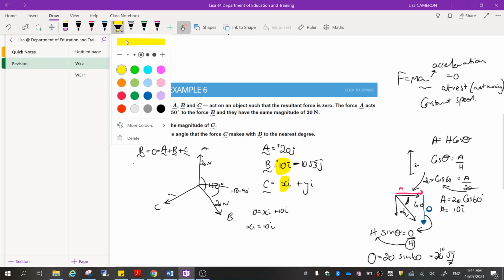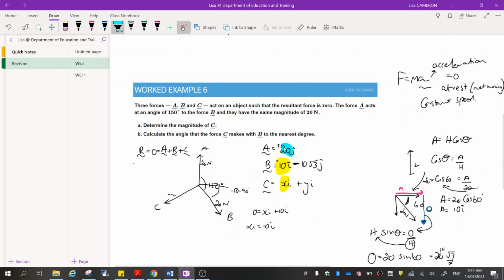Then we're going to group together our y components. So it's all going to equal 0. 0 equals 20j minus 10 root 3j plus yj. Now I'm going to move all of this to the other side because I can't simplify it because of that third term.